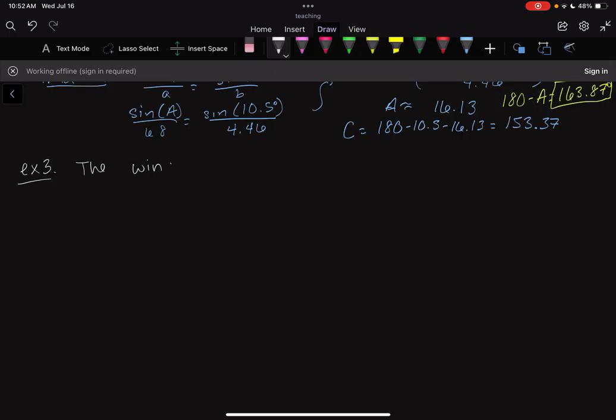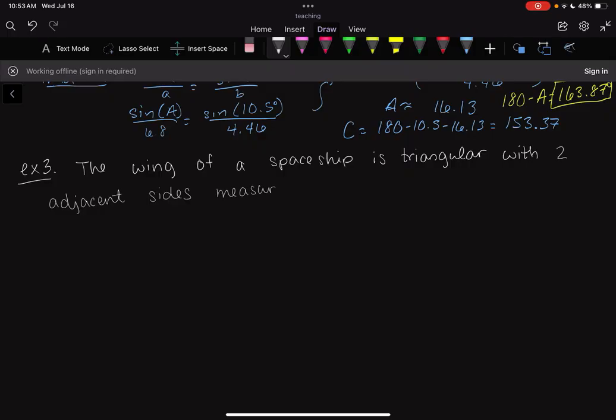All right, let's go ahead and do another one. This one says the wing of a spaceship is triangular with two adjacent sides measuring at 37.6 feet and 19.2 feet.